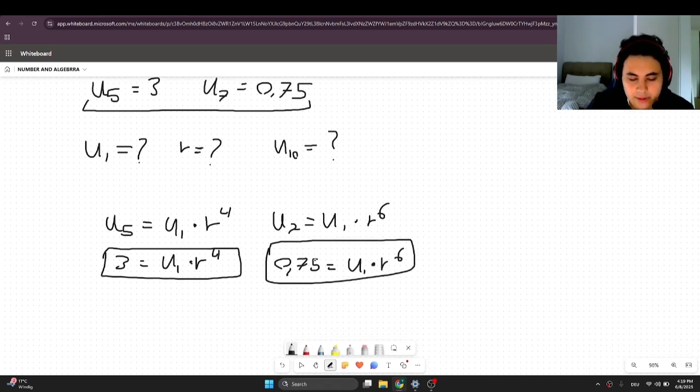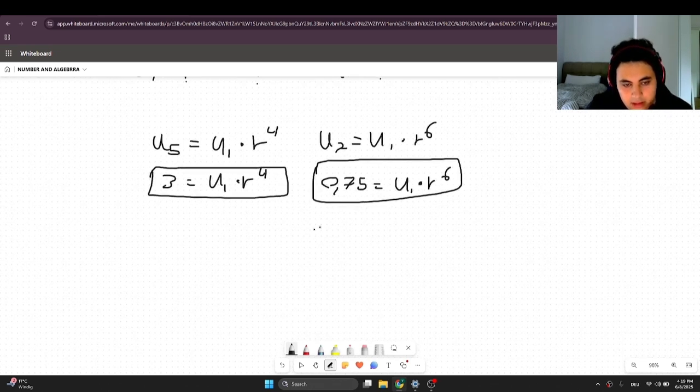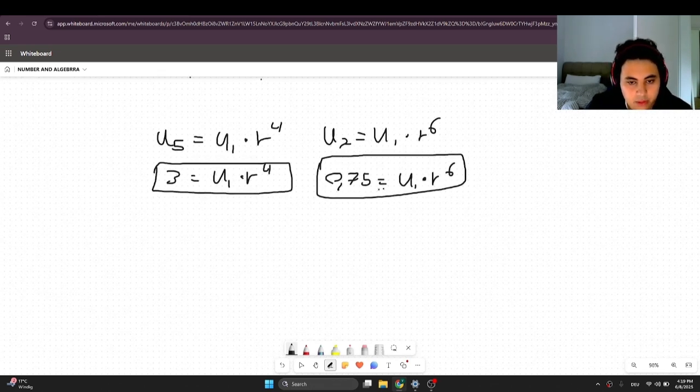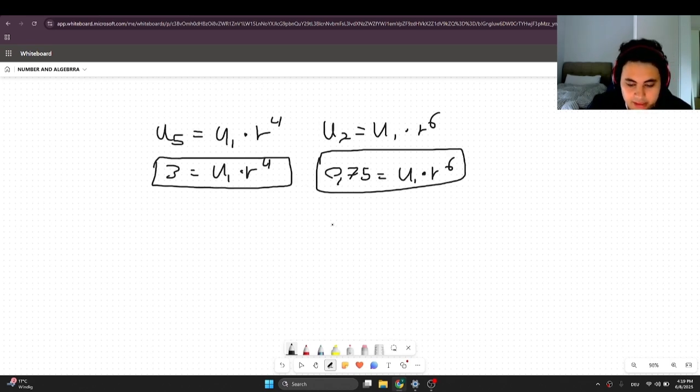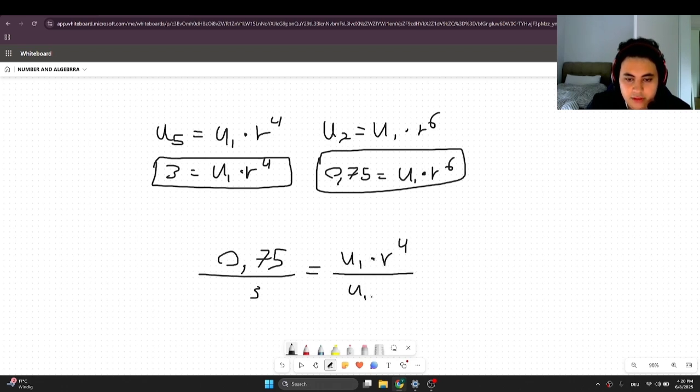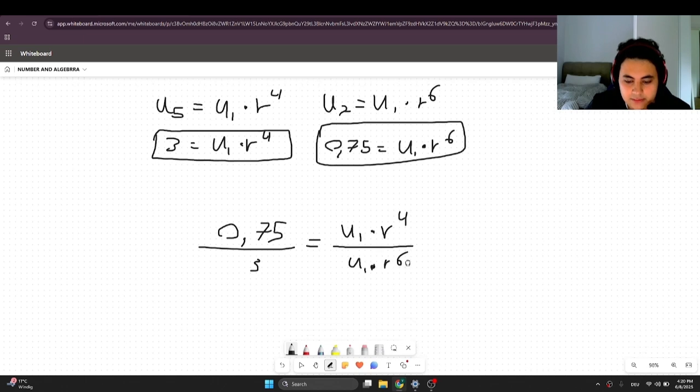So now, what are we going to do? Well, we can divide these equations by each other. We're going to say 0.75 divided by 3 is equal to u1 times r to the power of 6 divided by u1 times r to the power of 4.